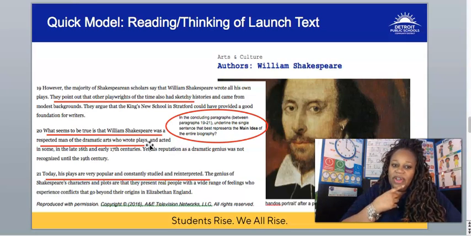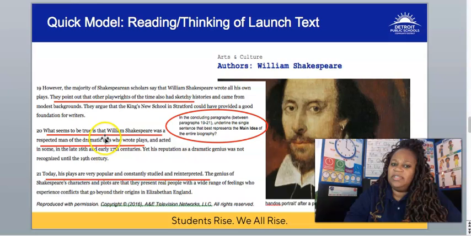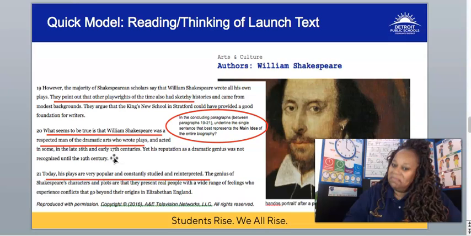Let's look at paragraph 20. What seems to be true is that William Shakespeare was a respected man of the dramatic arts who wrote plays and acted in some. That sounds pretty much like a good way to capsulize what we've read.